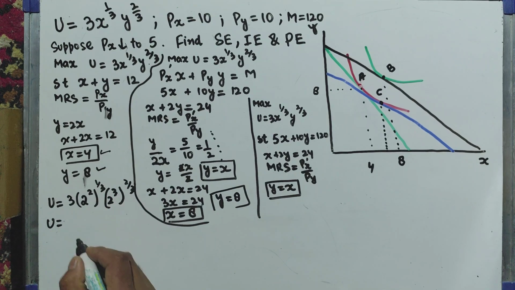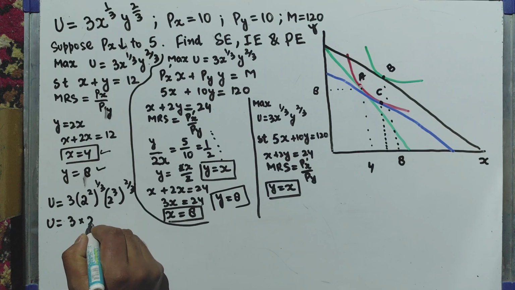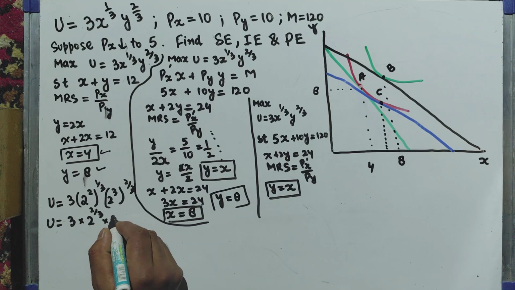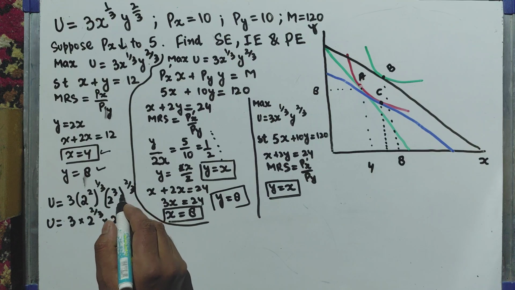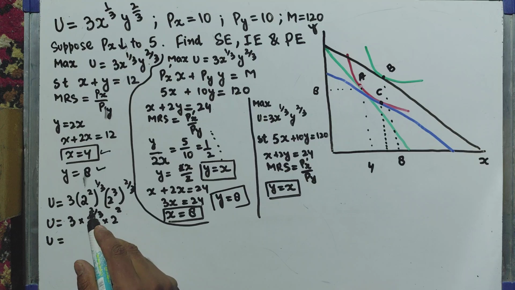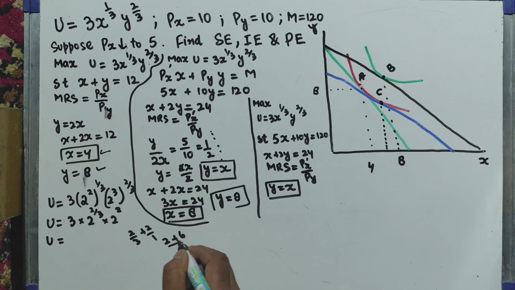So u will be equal to 3 times 2 raised power 2 upon 3 times 2 raised power 3 gets cancelled, so we get 2 square. So initial utility will be equal to, we have 2 upon 3 plus 2, so this becomes 2 plus 6 divided by 3, which becomes 8 upon 3.